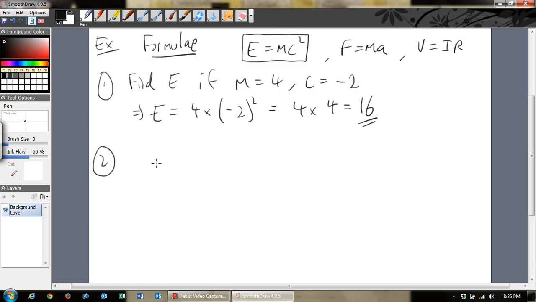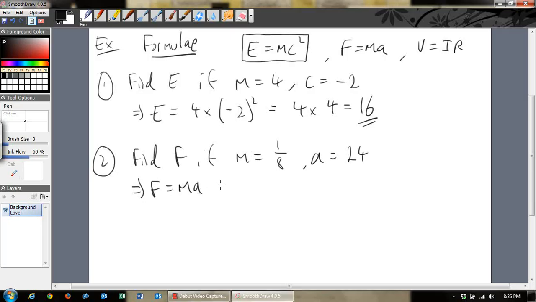Okay, another example. Find F if m is equal to 1/8 and acceleration a is equal to 24. I'll tell you what these formulas are in a second, I'll just finish this problem off. Again, all you're doing is substituting them in.